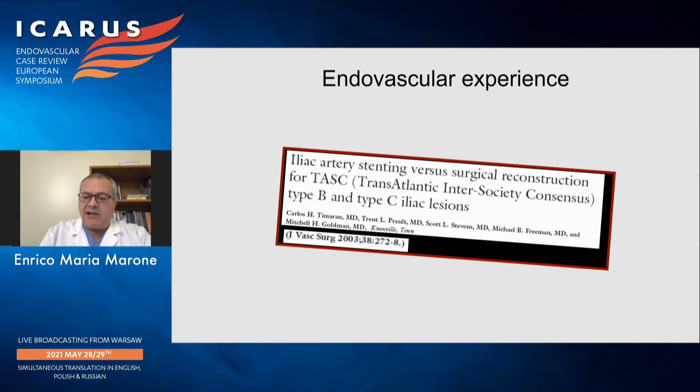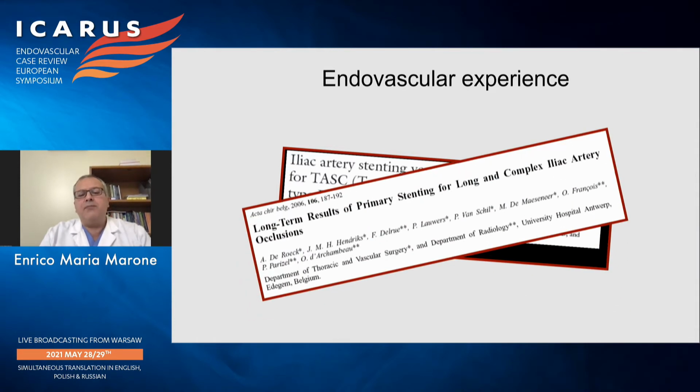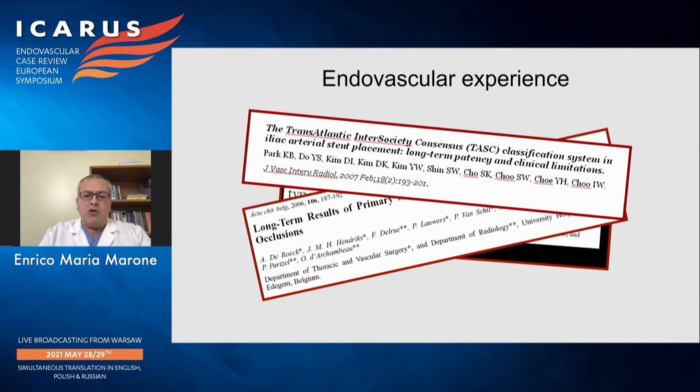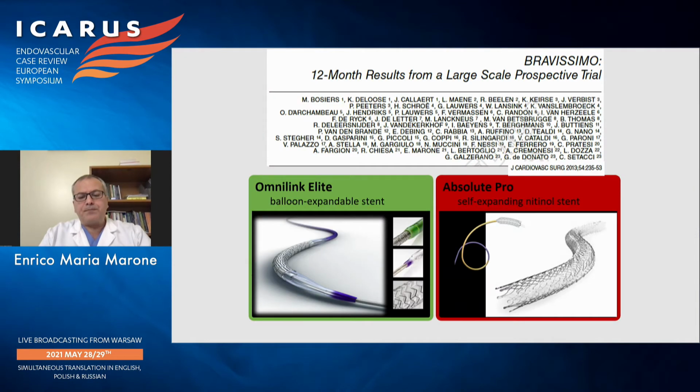And in the last 20 years, a lot of big experience with the endovascular treatment of iliac artery occlusion showed good results of this endovascular procedure. And I want to underline this famous trial, the Bravissimo trial.